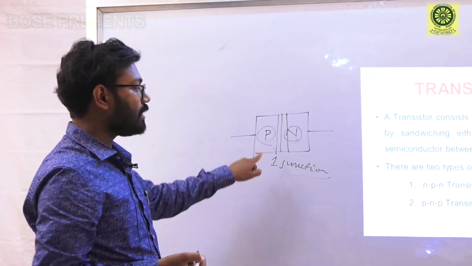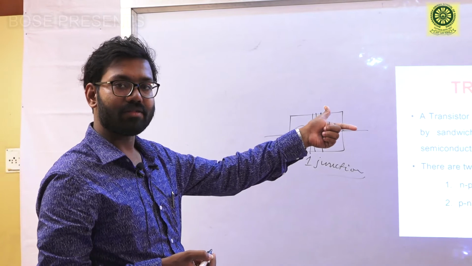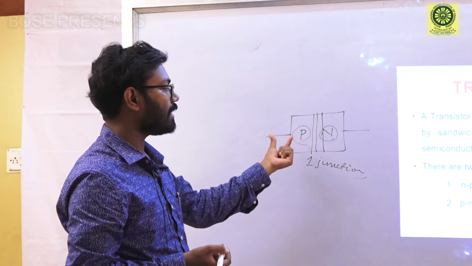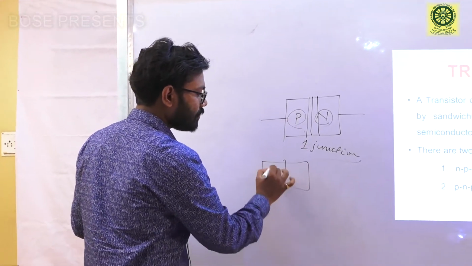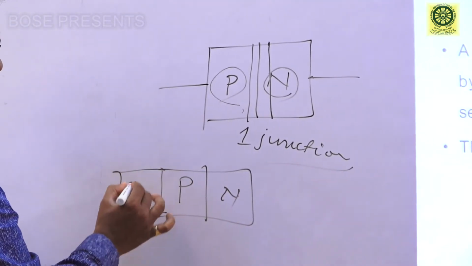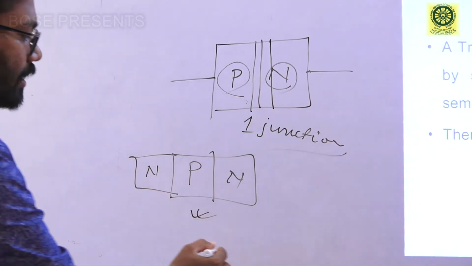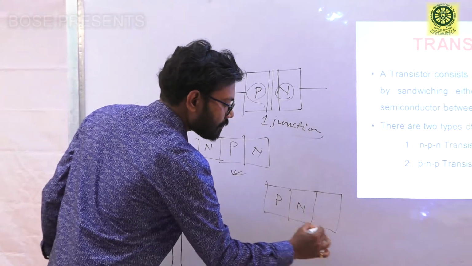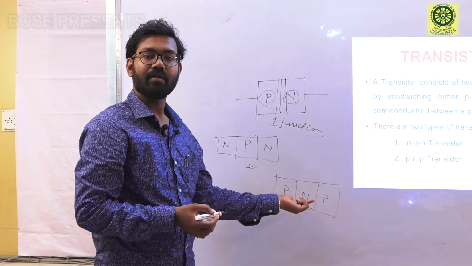So it is an electronic component. When we go for a transistor, that is also an electronic component, and in that case an additional layer is added to this PN junction. This is the diode. If we add an N type over here, then it will be an NPN transistor, and if we add a P type over here, then it will be a PNP transistor.